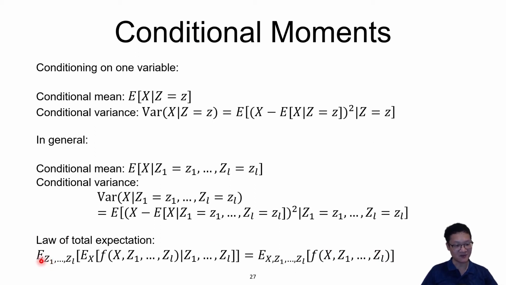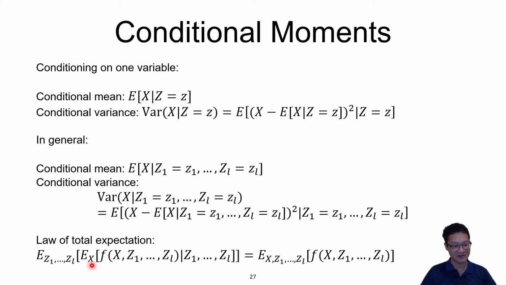So basically, when you have a nested expectation, where the inside is a conditional expectation over some variables which are in the outside expectation, then we can merge all of the expectations together. This is the expectation over all the variables together of simply the function, and now it is just a regular expectation, not a conditional expectation.